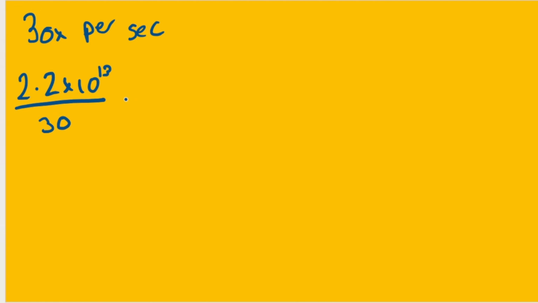So divide that by 30 and we'll get the amount of photons per refresh. 2.2 times 10 to the 13 divided by 30 is going to give you 7.3 times 10 to the 11 photons.